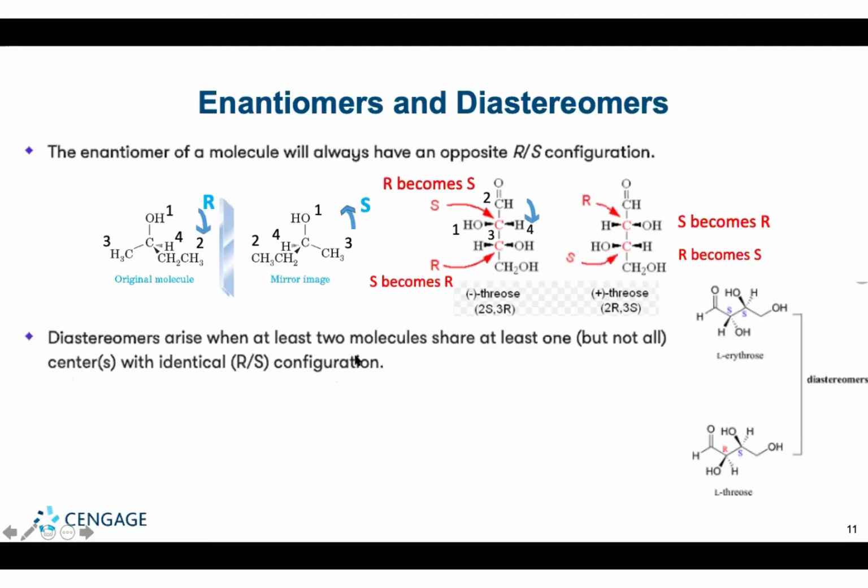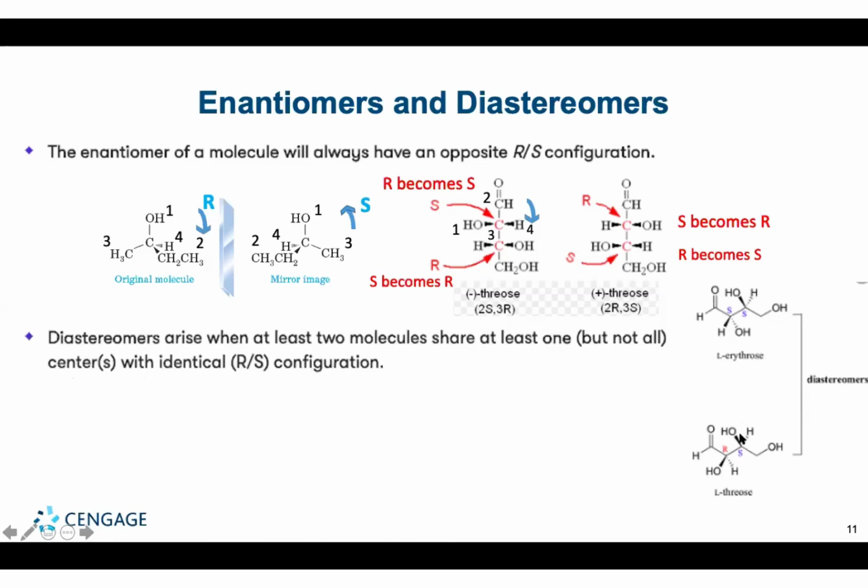So these molecules should at least have one center with the same identical configuration. Look at the top one. Top one is S and S configuration. The bottom one on the left is R, so it's not the same as the top one.